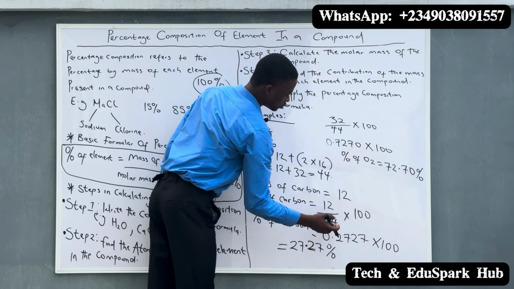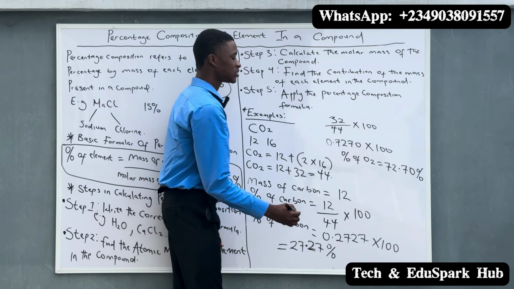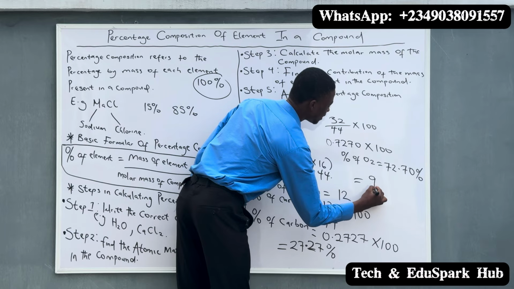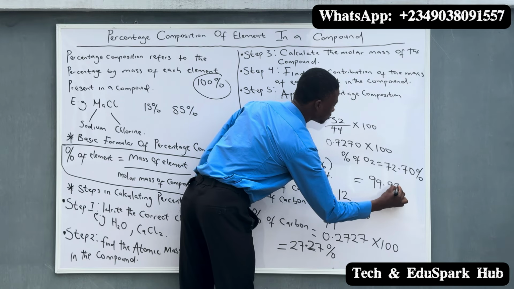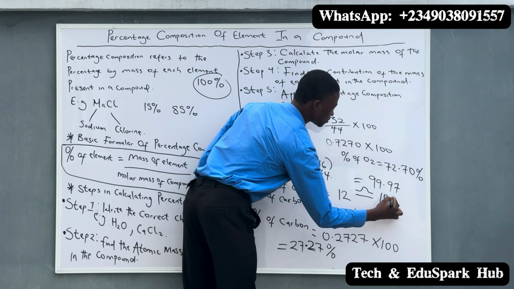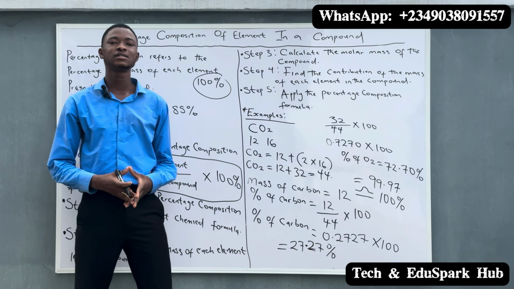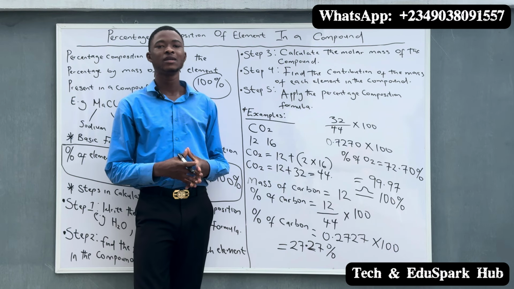So when you add these two together, you must get 100%. So let's add these two together and see what it will give us. When you add it, you must get something like 99.97. So this is approximately 100%. So this is how the mass contribution of elements, or the percentage composition of elements, works.